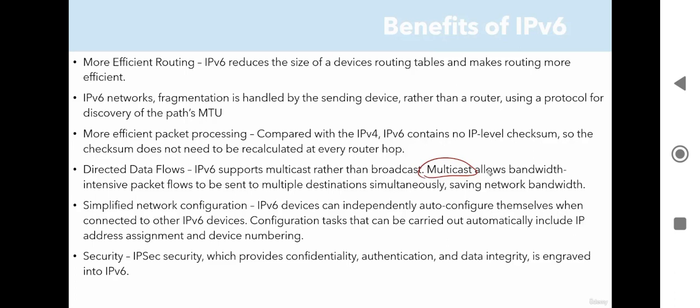We also get simplified network configuration. IPv6 devices can independently auto-configure themselves when they're connected to other IPv6 devices. For argument's sake, you can bring your router online, and it can be connected to another router, let's say this is router 1.